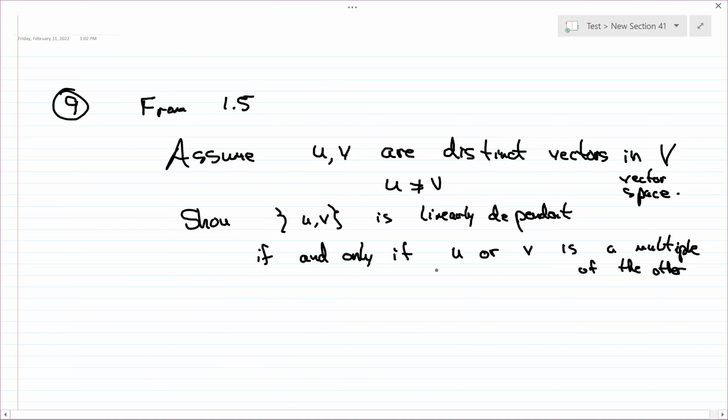What does that mean? It means either U equals some scalar times V, or what? V equals some scalar times U. The scalars could be just real numbers, for example. So that's what we're trying to show, that if they're linearly dependent, then one is just a multiple of the other.